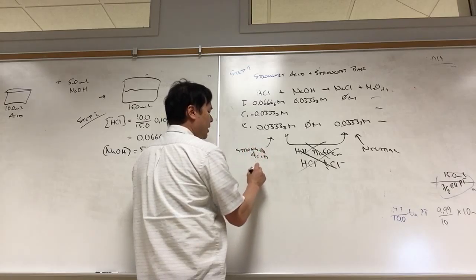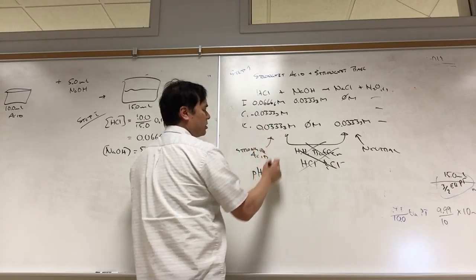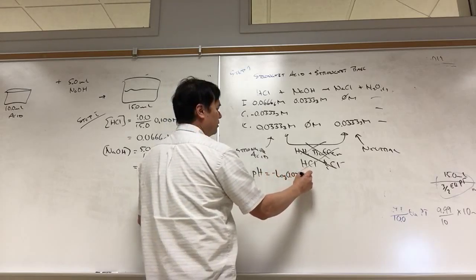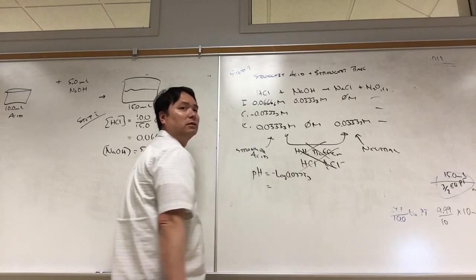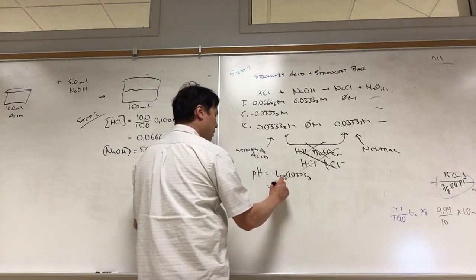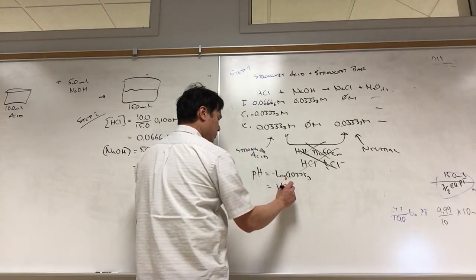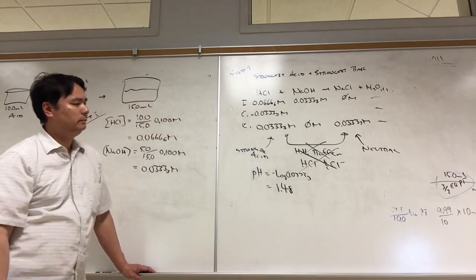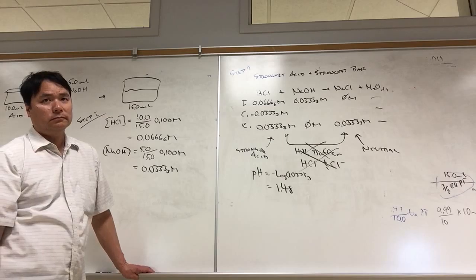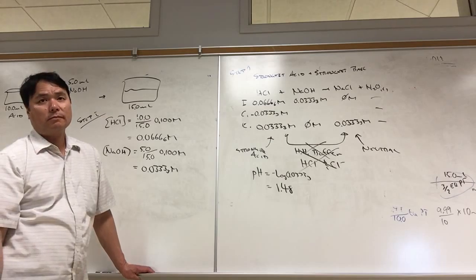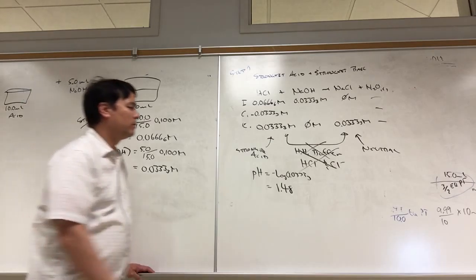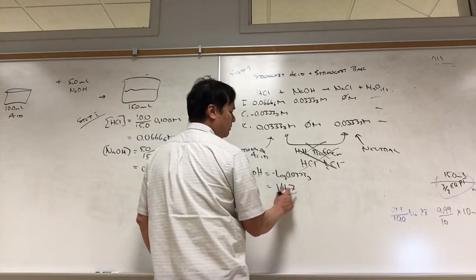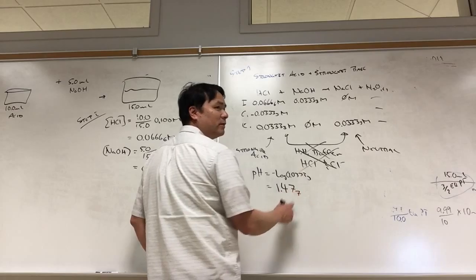In strong acid, the pH is just going to be the hydronium ion concentration, which will be the negative log of 0.03333, which gives me a pH of 1.47. Give me one more digit. So 1.477.